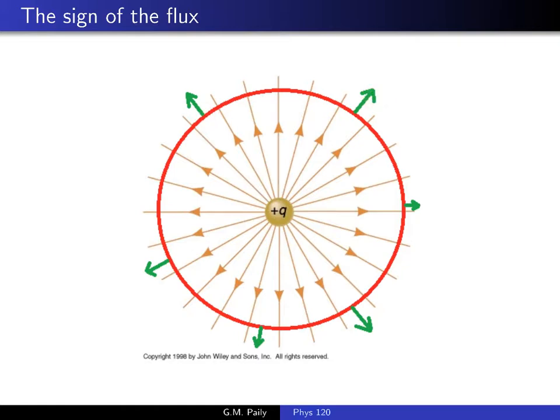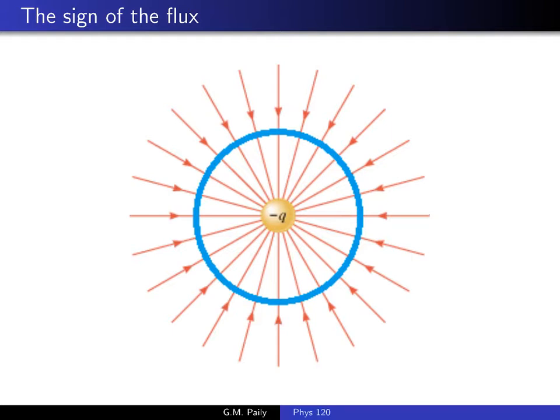And in this case, the field lines are also going in the same direction. Since they're going in the same direction, the flux is positive. And we can see that in this case it is positive everywhere. So we have a positive flux for our positive charge.